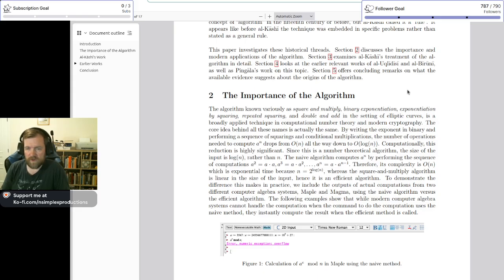Therefore, its complexity is O(n), which is exponential time because n equals 2 to the log of n, whereas the log base 2... Oh, because we're working in binary, so the default log should be the base we're in. Okay, I don't like it, but I guess.